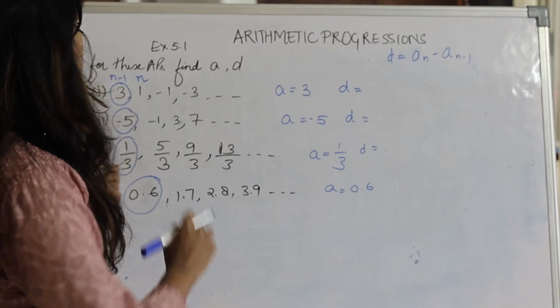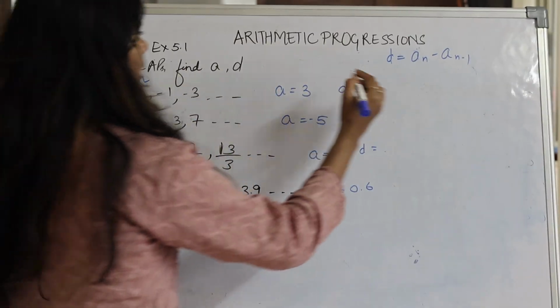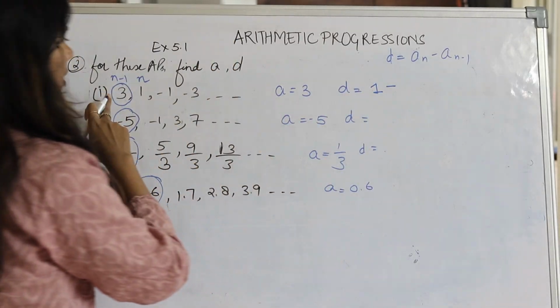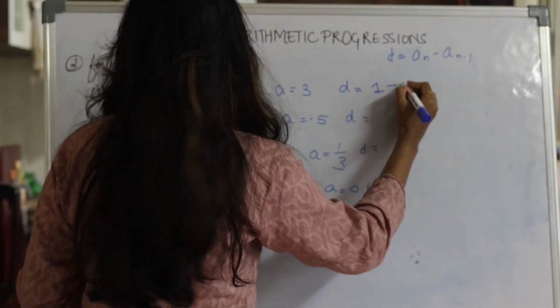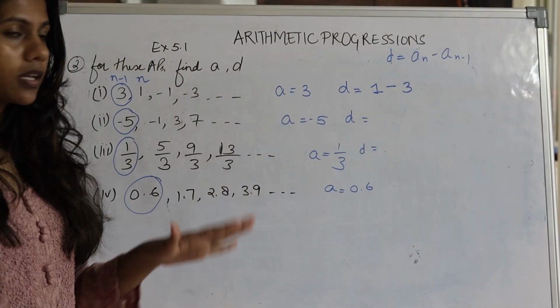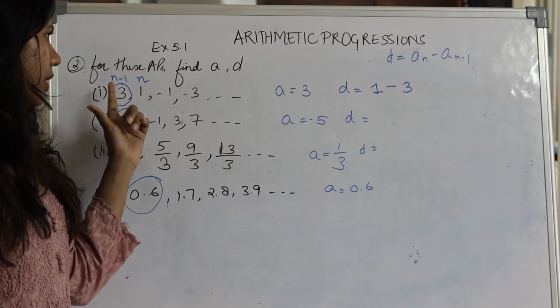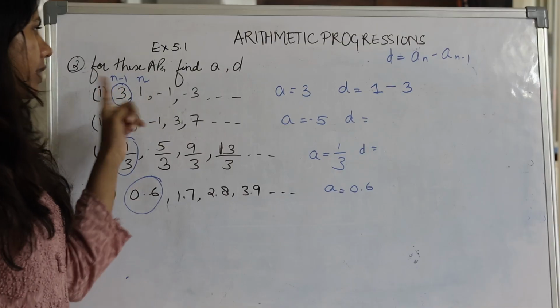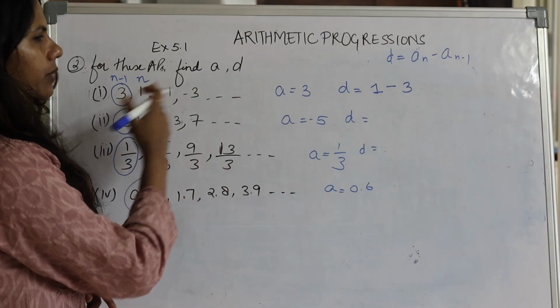So nth term is 1 minus n minus 1th term, which is 3.